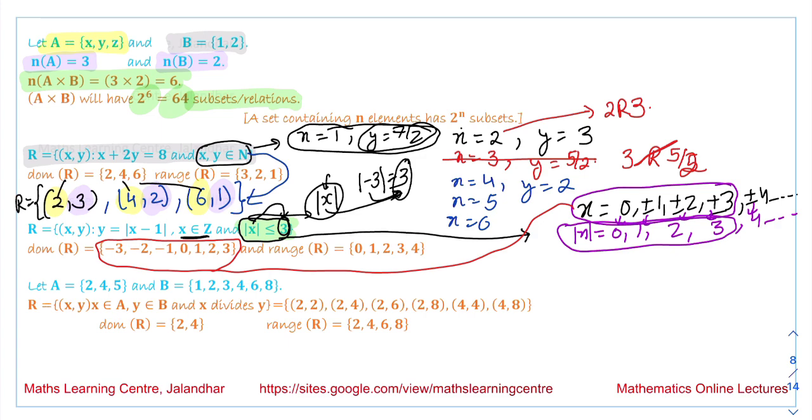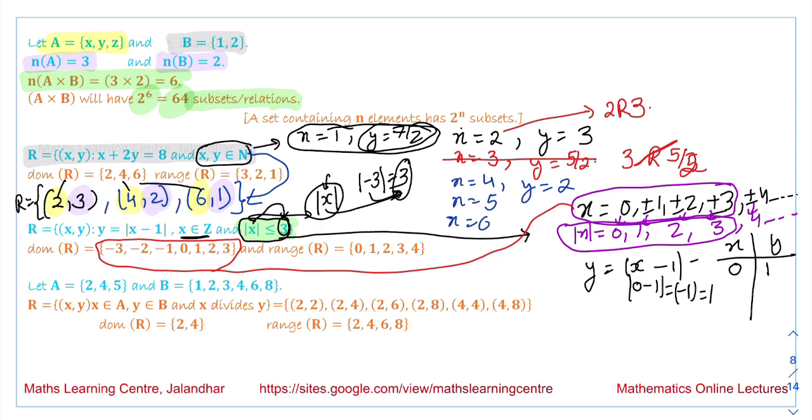Now we have to calculate the range of this set. Now it is given that y is equal to mod of x minus 1. So you can manually calculate these values over here. If you put x is equal to 0, we are calculating the values of x and y. So corresponding to x is equal to 0, the value of y will be 1, because it is mod of 0 minus 1, that is mod of minus 1, that is equal to 1.